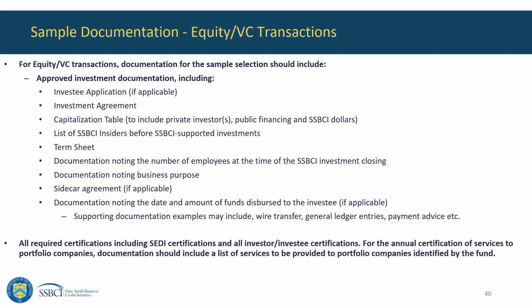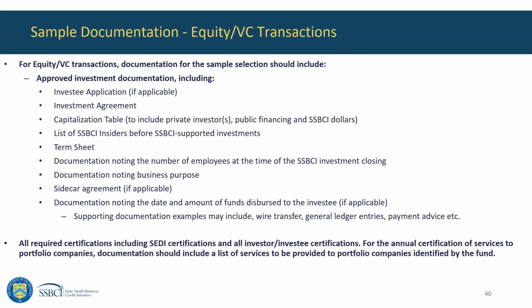VC transactions. Similar to the loan transactions, the concept is the same. We're asking for documents that corroborate elements within the disbursement request form. So the investment amount, and the capitalization table in particular, I'm going to call out in the interest of time, because that is an element we review as we check for COI, conflicts of interest. So we would need the capitalization table.